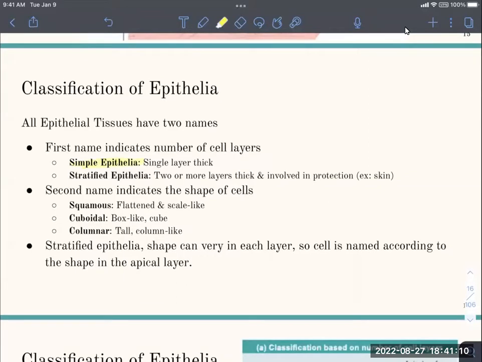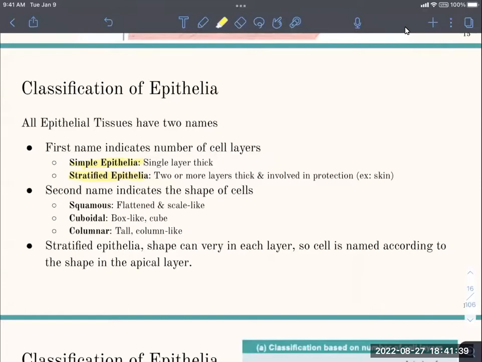It's a single layer of cells thick. It's very thin. We'll look at some pictures of what that looks like, versus a stratified. Stratified means there is more than one layer of cells there. Your skin is the best example of that. Your skin is multiple layers of cells, because you're losing lots of cells every day. So these multiple layers are constantly regenerating and moving upwards.